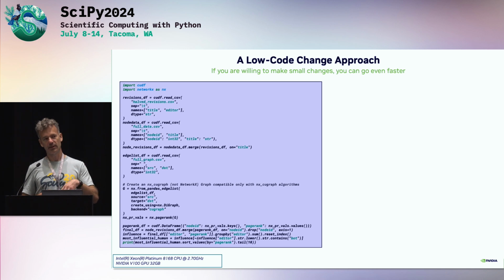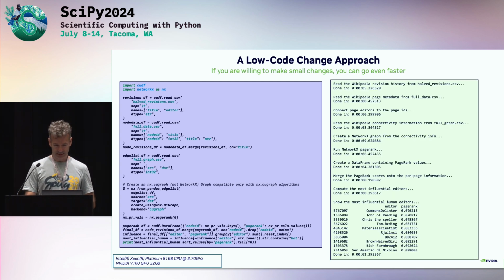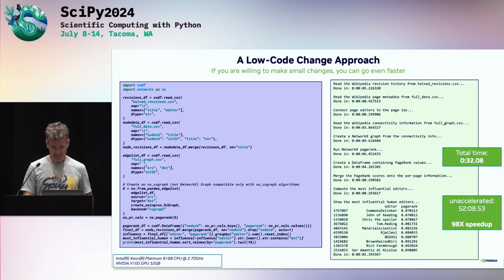But if you try to call a NetworkX function with that graph that isn't supported by nx-cugraph, you'll get an error. For our example, all of the calls are supported by nx-cugraph. So it worked out well, and we ended up getting the total runtime for this workflow down to 32 seconds, which represents a 98x speed up over the original 52-minute runtime.